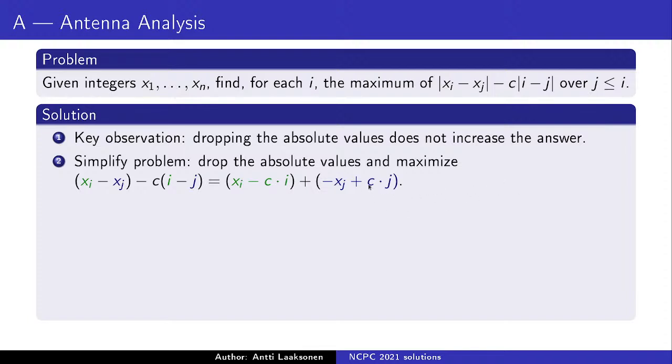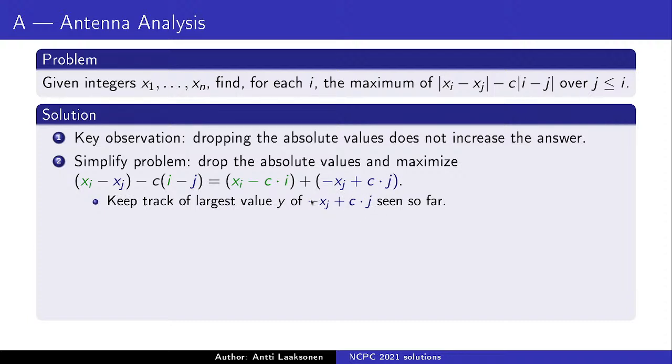Trying to maximize this quantity is actually very easy. In order to do that, we just go from left to right and we keep track of the largest value we have seen so far of minus xj plus c times j, because this is an expression that only depends on j.